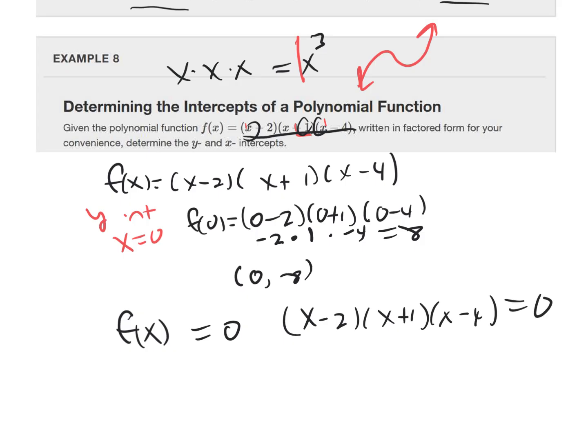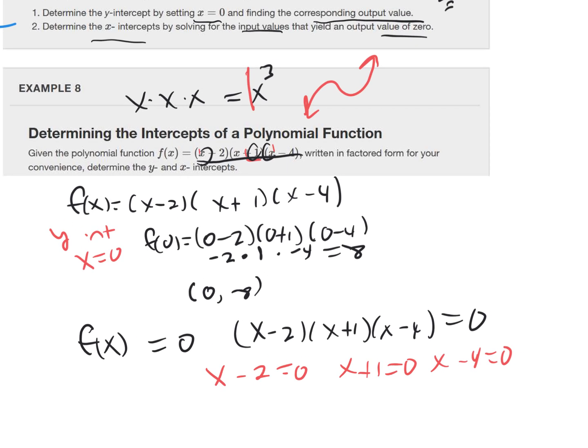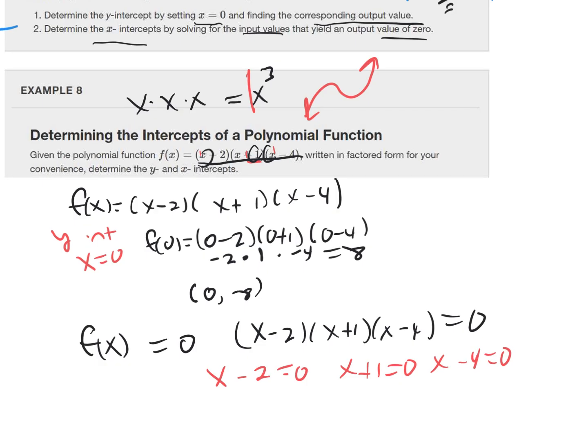And if it's factored, then we know that x minus 2 could be 0, x plus 1 could be 0, x minus 4 could be 0. So there's 3 possible answers. Why is there 3 possible answers? Because it's a cubic, and a cubic can cross the x-axis 3 times, 3 different x-intercepts.